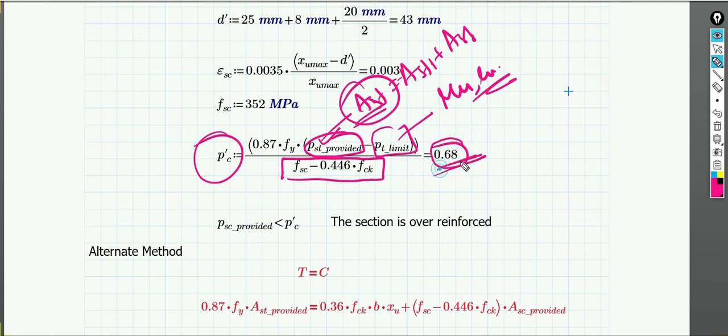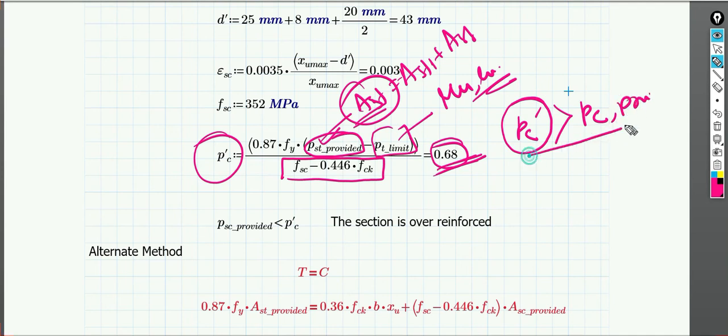If PC dash is more than the PC you have provided, then it becomes an under reinforced section.